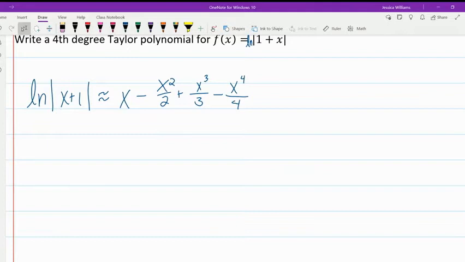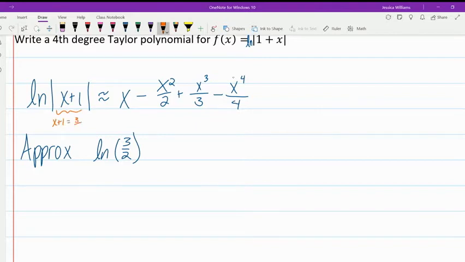So using this, the next part of our question is we're going to use it to approximate the natural log of 3/2. Well, okay, so if this is a polynomial approximation for natural log of x plus 1, and I need the natural log of 3/2, then I'm going to set x equal to 1/2. So we are going to use the polynomial that we wrote, substituting in 1/2 everywhere that there's an x.